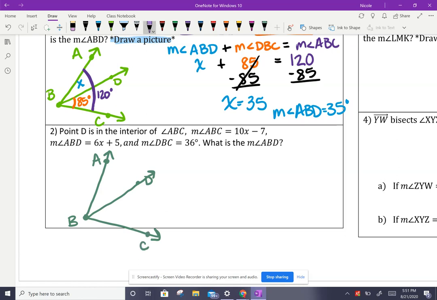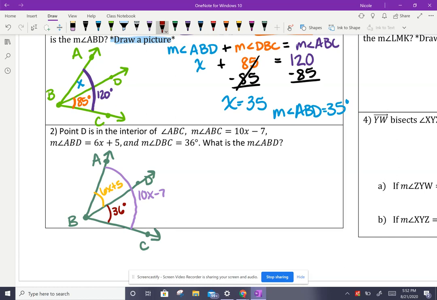It says the whole thing, ABC, is 10x minus 7, ABD is 6x plus 5, and DBC is 36 degrees.